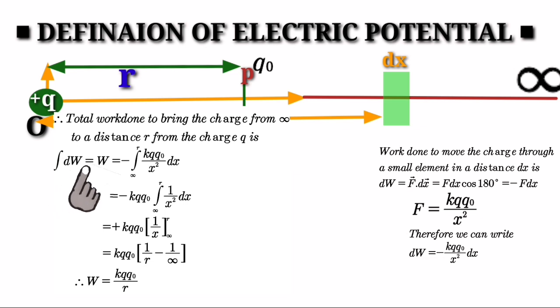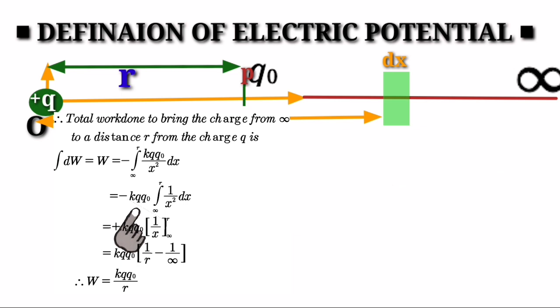is W = integration of dW = minus integration from infinity to r of kQq0 dx divided by x squared, where the limit of this integration is from infinity to r, because we have to bring the charge q0 from infinity to a point P which is at a distance r from the charge Q. Here k, q0 are constant.